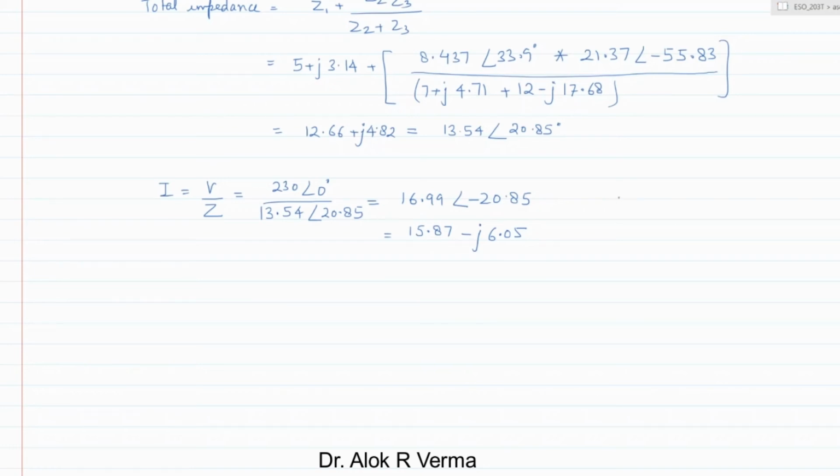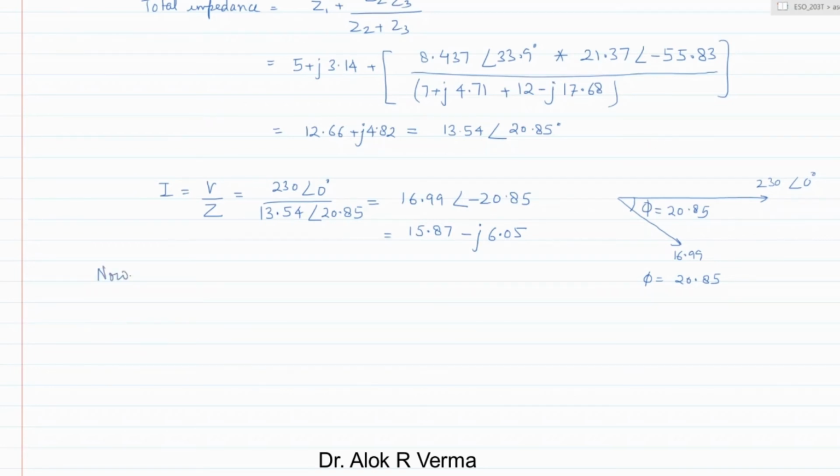What does it mean? With the voltage reference of 230 angle 0, the current is lagging. So this is your phi, nothing but 20.85. The magnitude is 16.99, so this is 16.9. So here phi is 20.85.